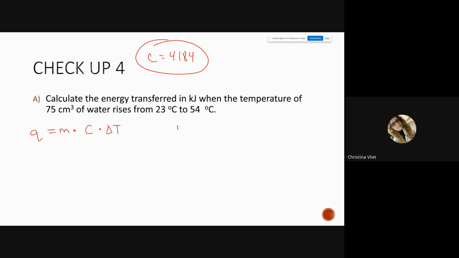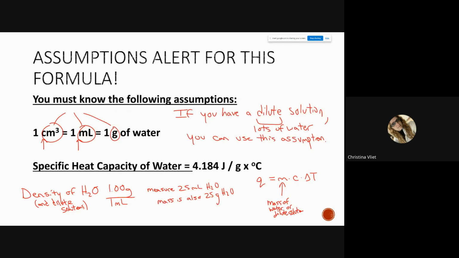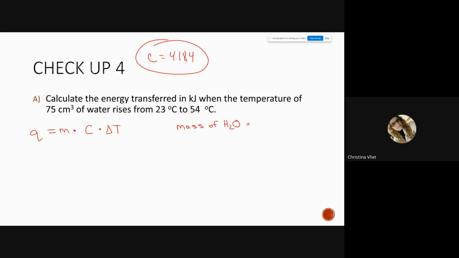So what is the mass of water here? 75. Because the idea you've got to remember is that these are the same. Whatever the centimeters cubed they give you, that is the grams for water. Because of this. So, 75 grams. Are we good with that? You've got to do that in your head. Just make that switch.